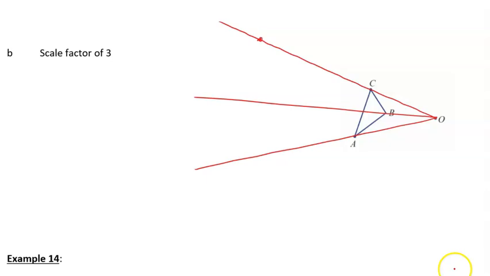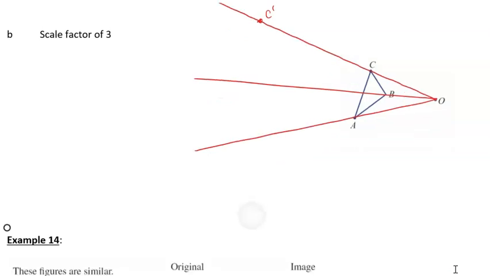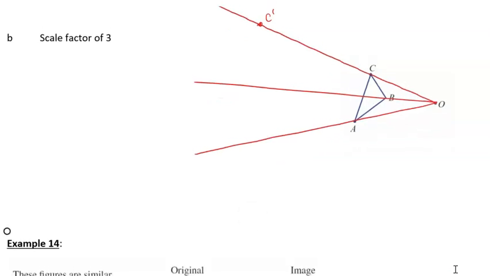For this exercise, I'm a little bit eyeballing it. If it's a scale factor of 3, O to C, I'm going to treble that length and put it way out there. Whatever that length is from O to B, about there, and from O to A gives us A prime. I didn't label that B prime.